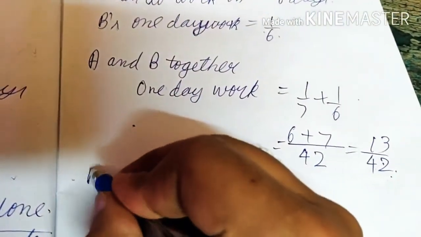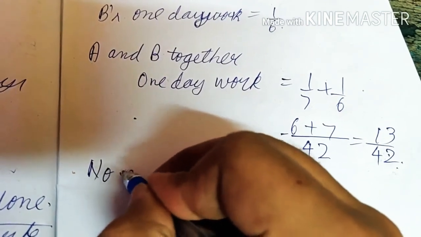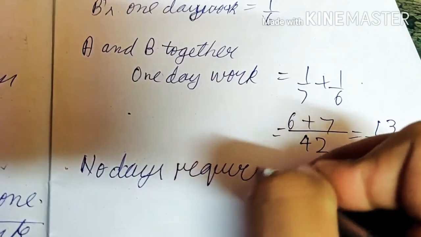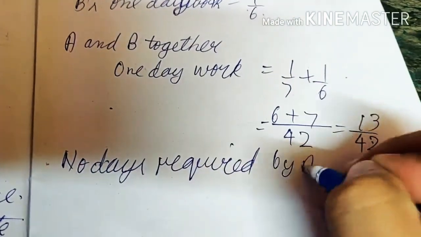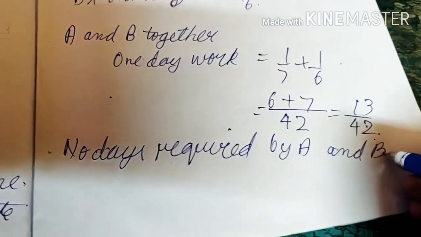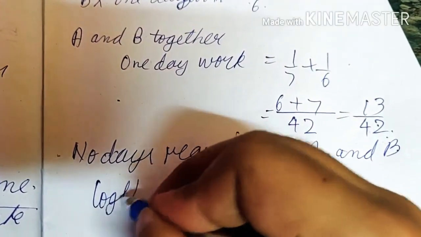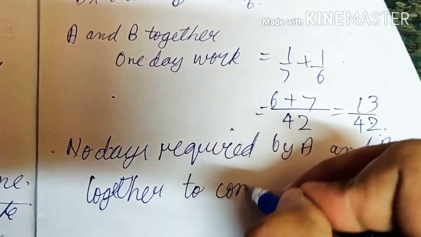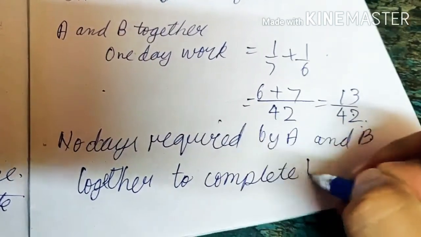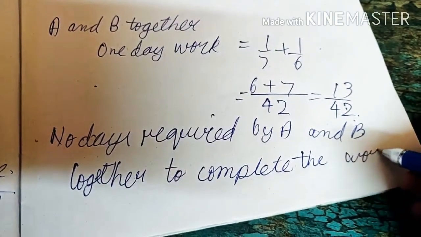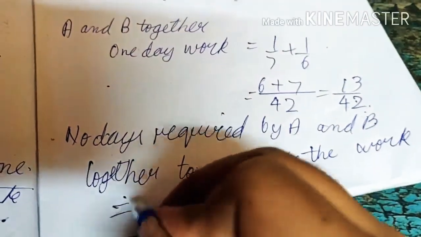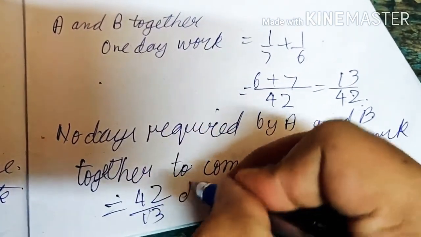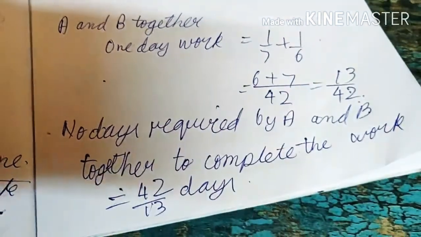Then the number of days required by A and B together to complete the work will be equal to 42 by 13 days.